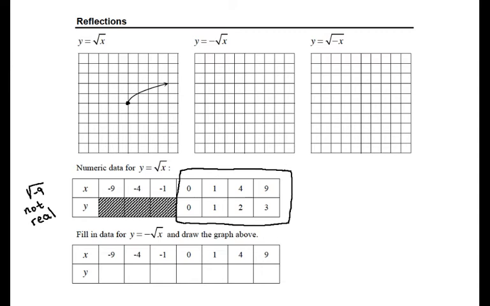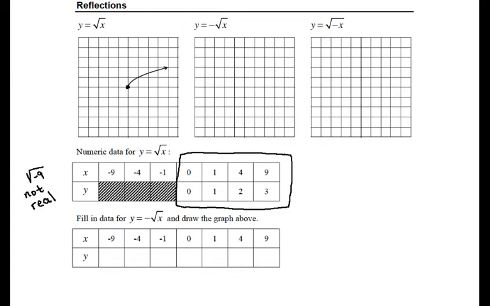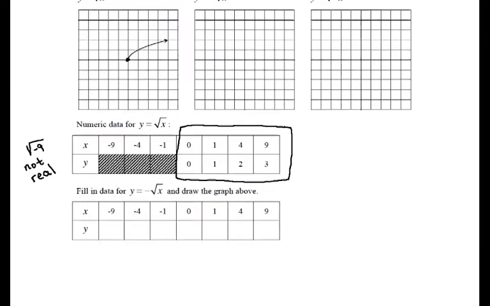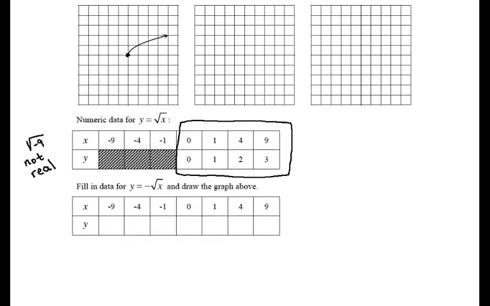We're going to look at, first of all, y equals minus the square root of x. And let's go ahead and move down a little to give ourselves some space here. Minus the square root of -9 is still undefined, right? Having that minus on the outside doesn't really change anything, so we have the same issue for all of the negative values of x.